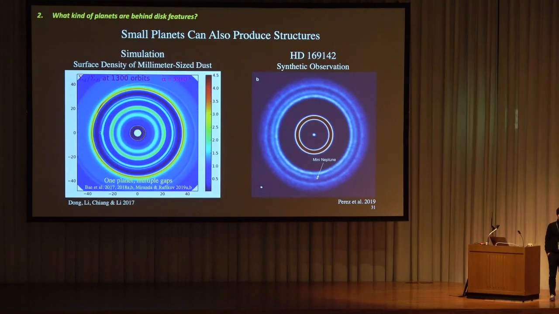And part of that is because you cannot just simply run an adiabatic simulation of gap opening. Because when you have the gap, by definition, the planet is launching a shock. And if you fix the planet's orbit, then that shock has an infinite engine, and it will heat the disk up indefinitely. So in order to simulate that, you would need to include some version of cooling, and that part becomes a big can of worms.